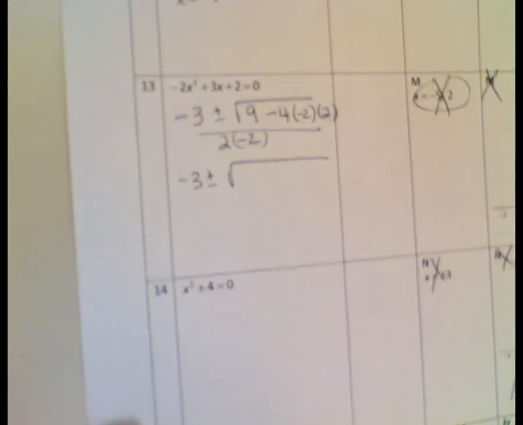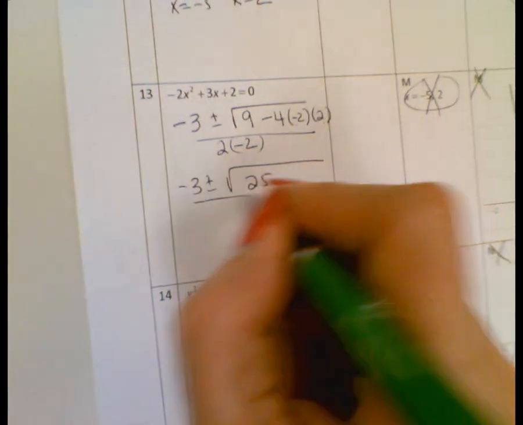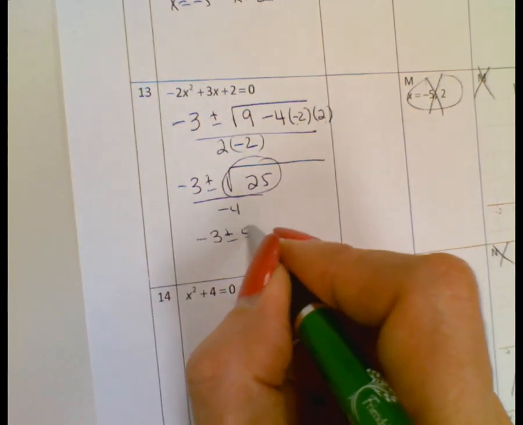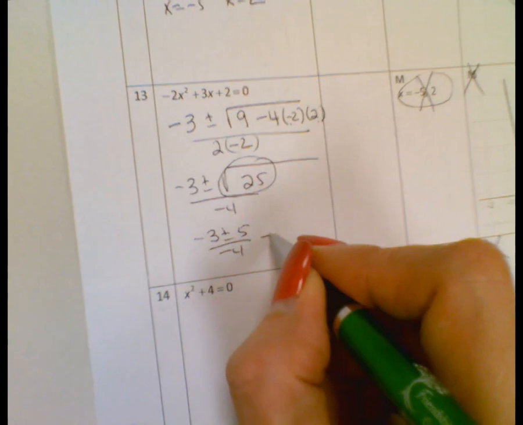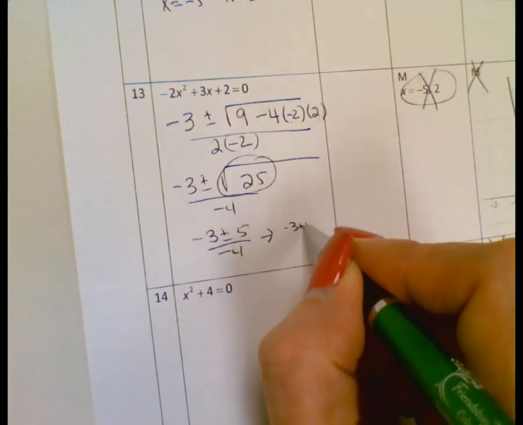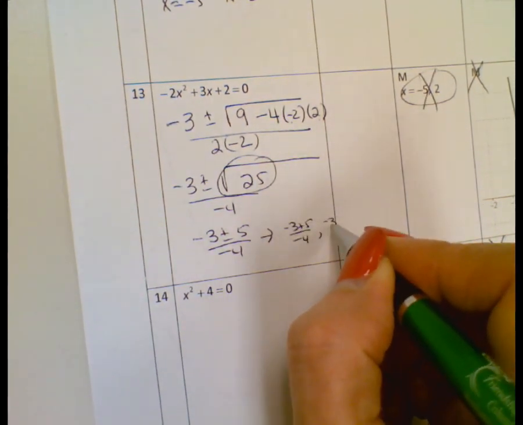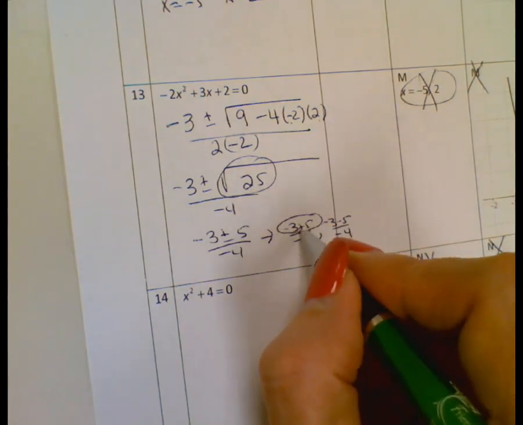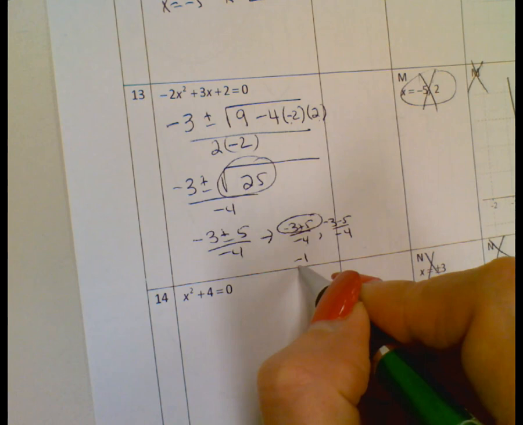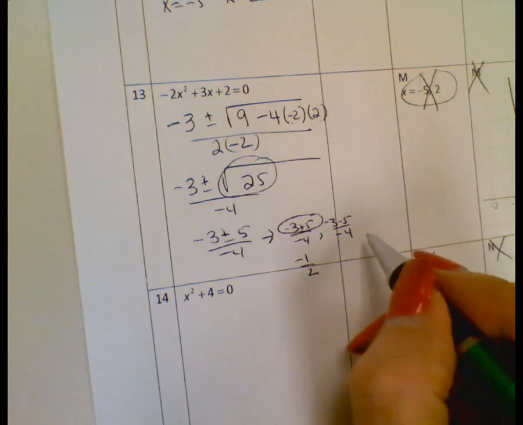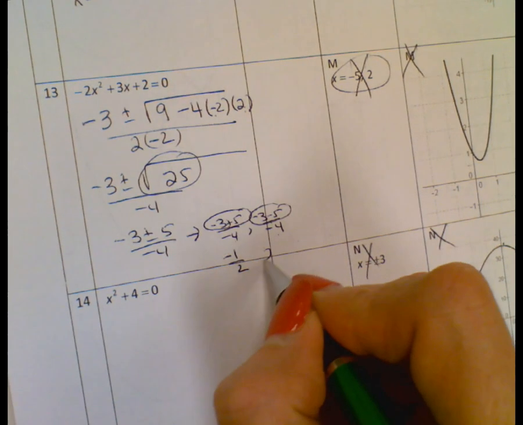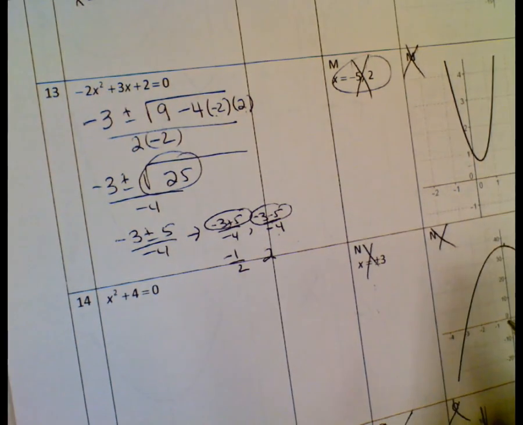It's 25, all over negative 4. Now again, this is a perfect square, so that radical's going away. So you have negative 3 plus 5 over negative 4 and negative 3 minus 5 over negative 4. So this part of it's 2 over negative 4, which is negative 1/2. This one's negative 8 over negative 4, which is 2. Negative 1/2 and 2.